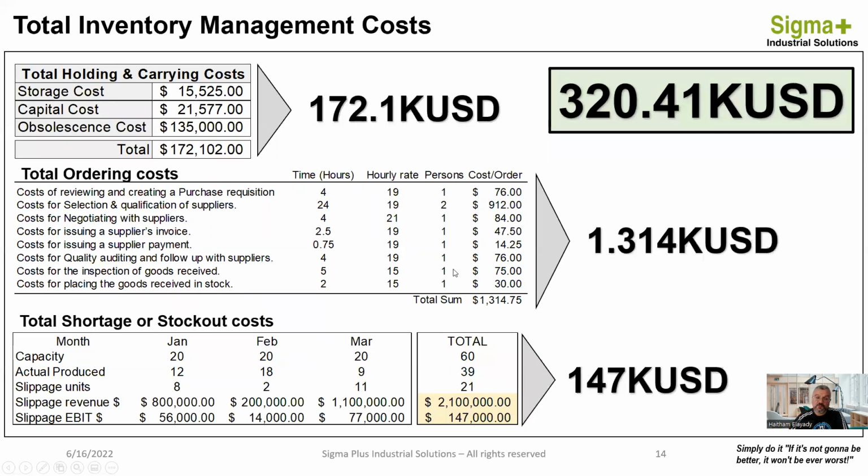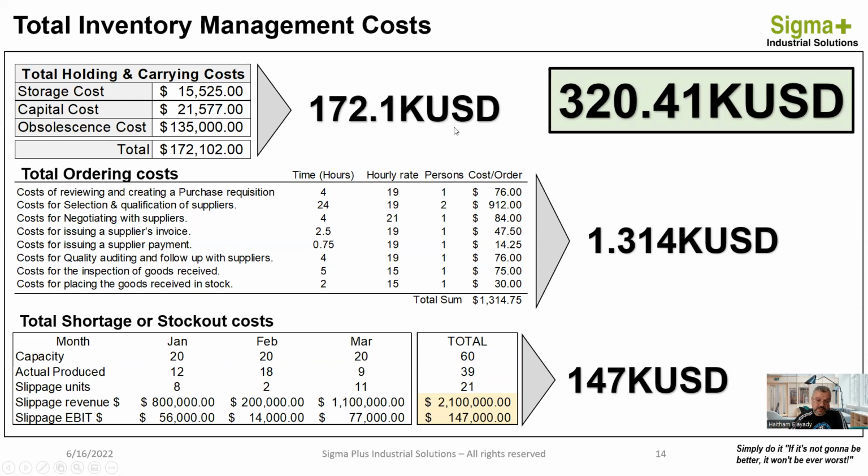So now if we want to know the total sum of the cost of the inventory management, we can see that we reported a loss of $172,000 due to the holding and the carrying cost. And then we have the cost of the ordering, which cost about $1,314. And then we have the loss of the opportunities, which was $147,000.